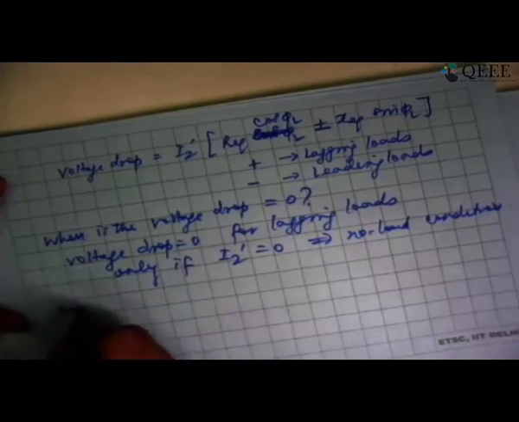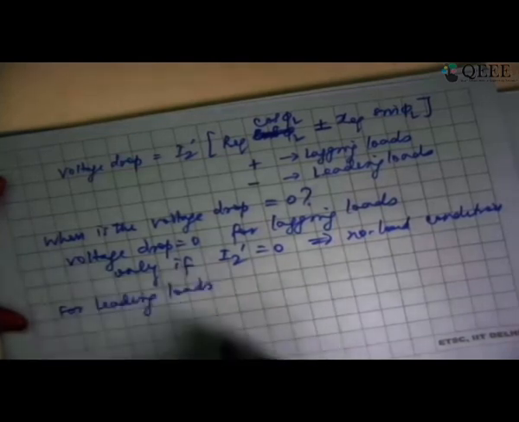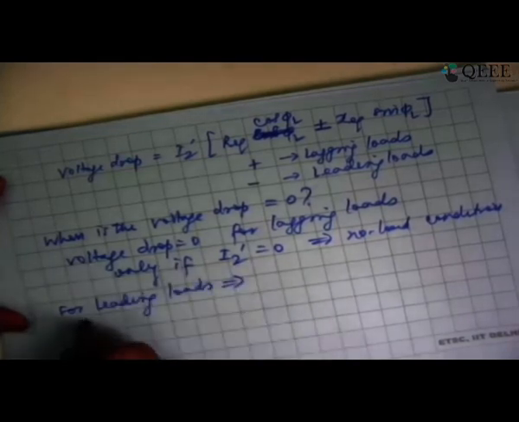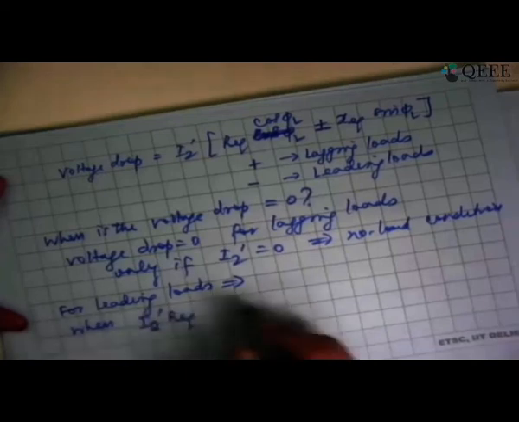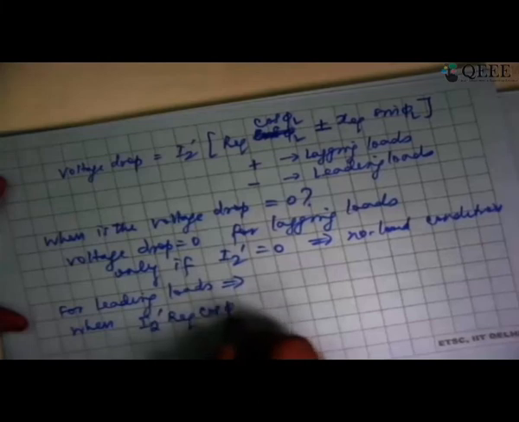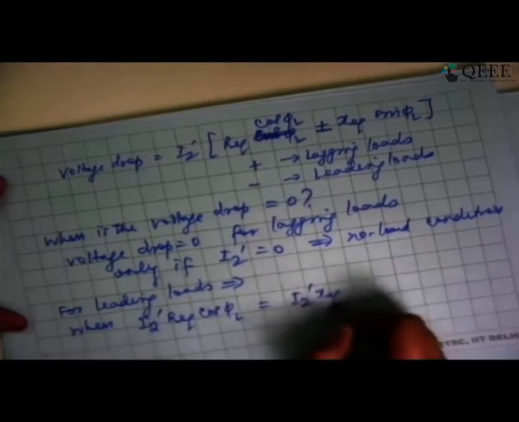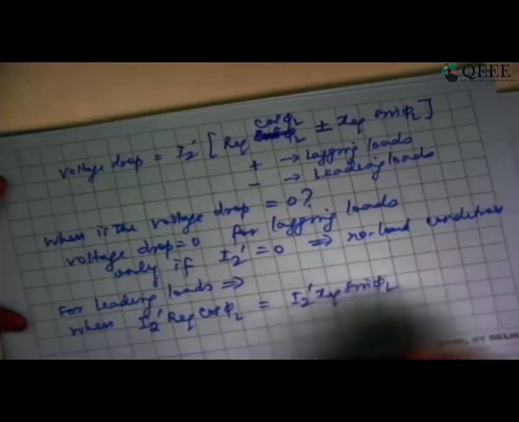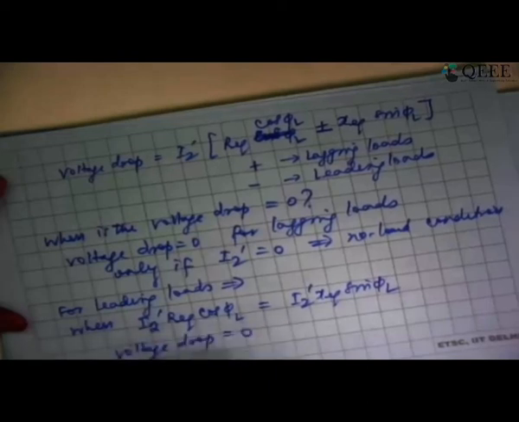For leading loads, when I2 dash R equivalent cos phi L equals I2 dash X equivalent sin phi L, this is when I'm going to have voltage drop equal to 0.